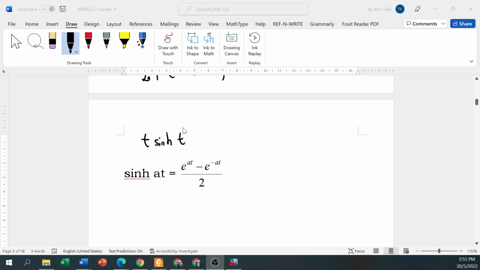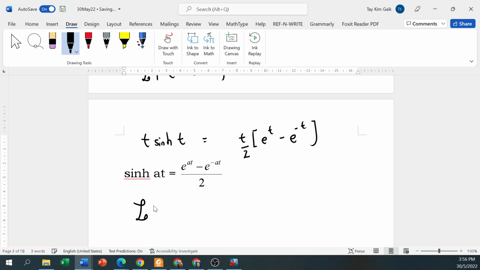Okay, then we convert the sinh, where a is 1. Convert this one to sinh t, which will be x. You have a half that we factor out, so it's e to the t minus e to the negative t.